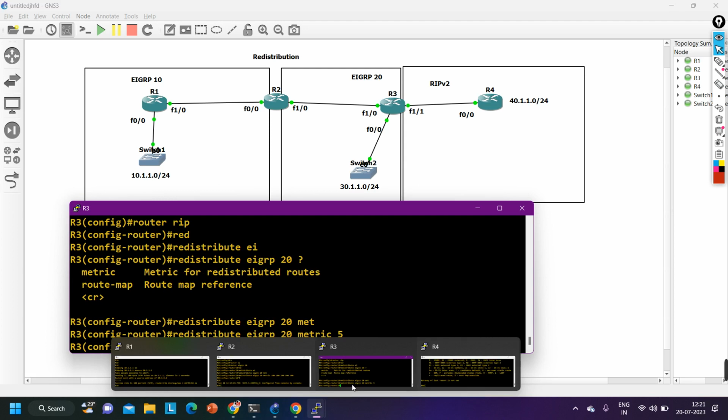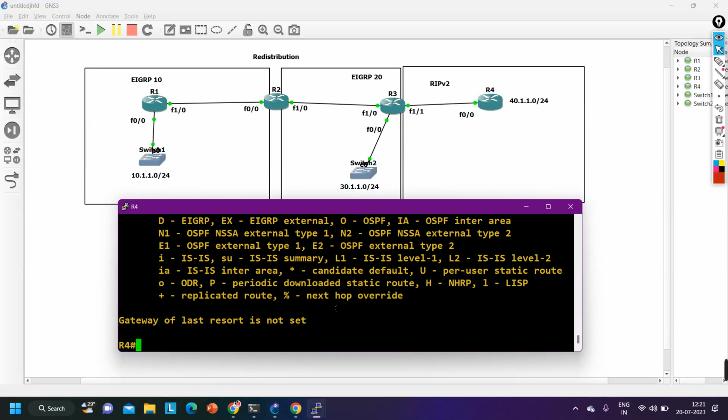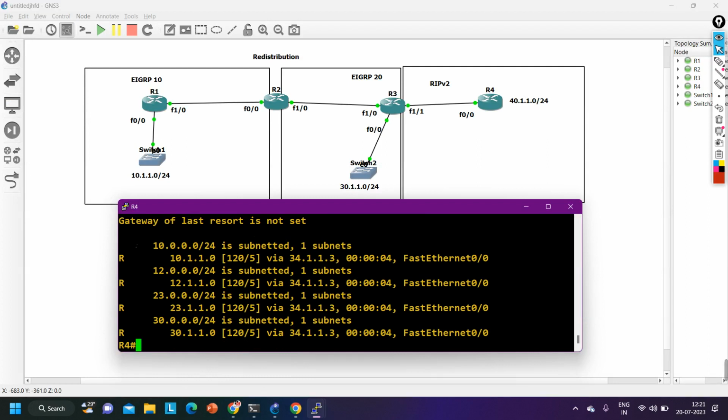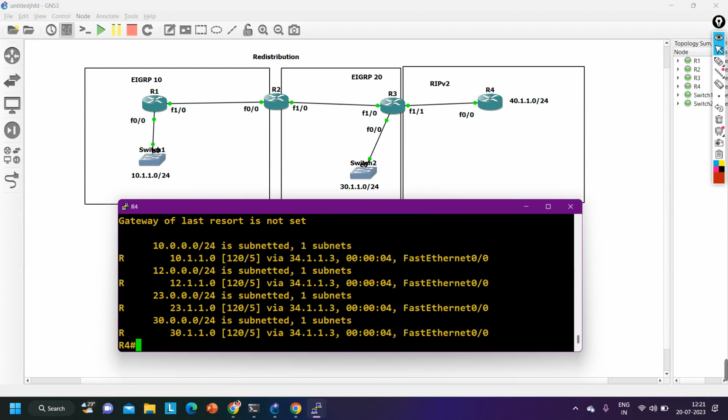Once I run this command, now on router number 4, if you check the routing table, show IP route, you can see router 4 has received all these prefixes, with AD value 120, and the AD value will be the same for internal and external prefixes in the case of RIP. And here you can see the metric is 5, which you have set on router number 3.